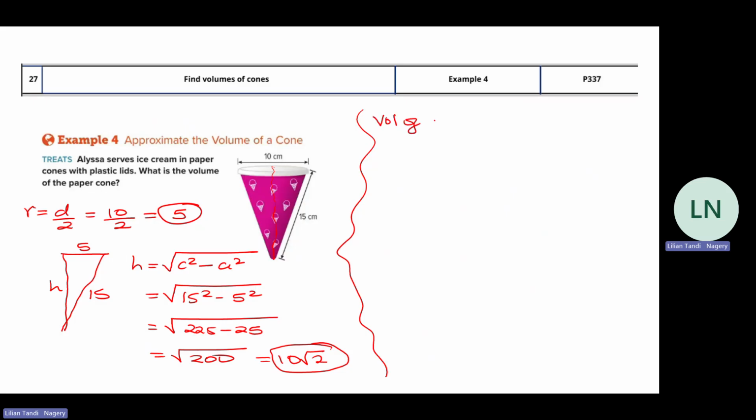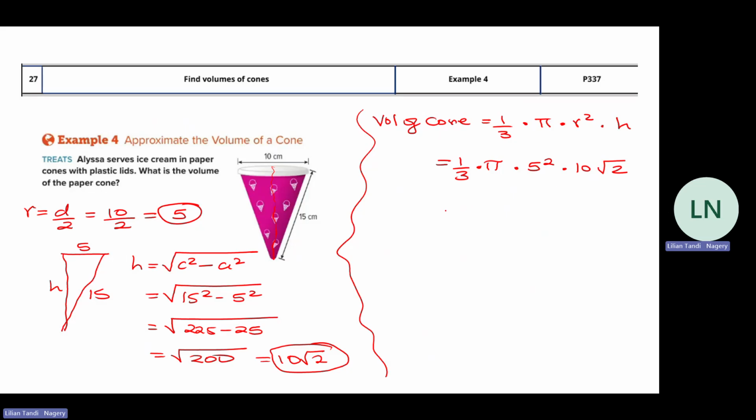Volume of cone equals to 1/3 times pi times r squared times height. Okay? So this becomes 1/3 times pi times 5 squared times 10 square root of 2. Okay?